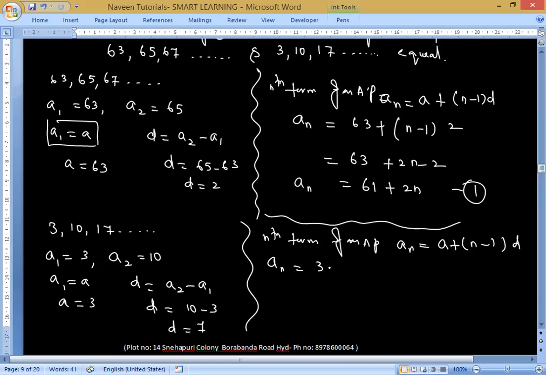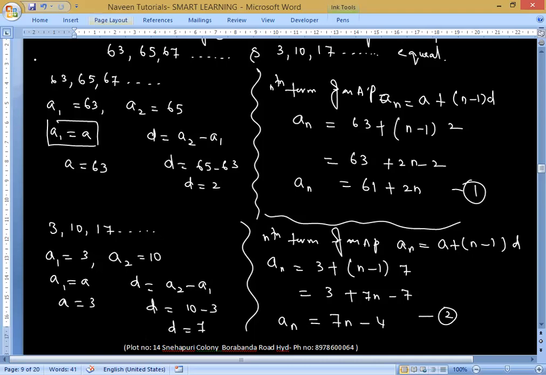A is 3 plus n minus 1 into D. Right? What is D? D is 7, no? So 7 into n is 7n, 7 into 1 is 7. Then I'm going to get 7n minus 4. So An is equal to 7n minus 4. This is the second equation.